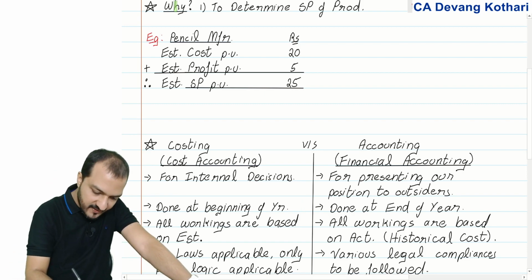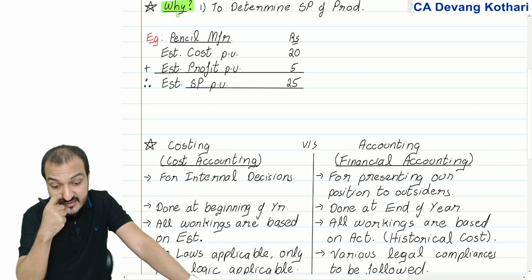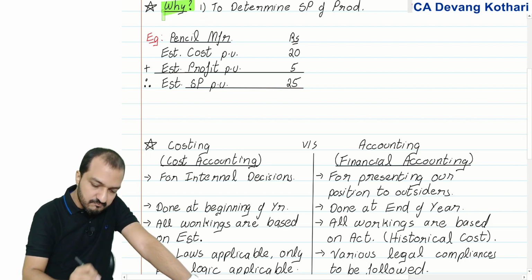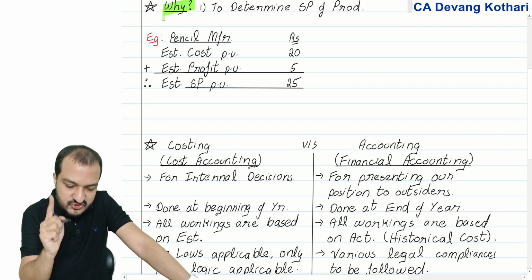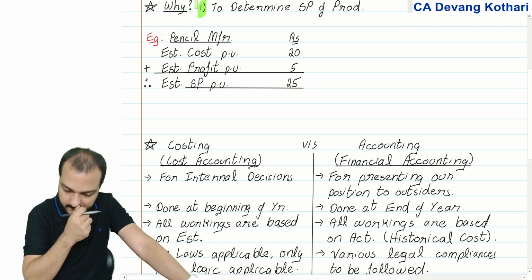Okay, so coming back to this question here, why do we learn the subject of costing? Well, based on that, let us talk about purpose of my subject of costing. So far I have given you only one purpose.